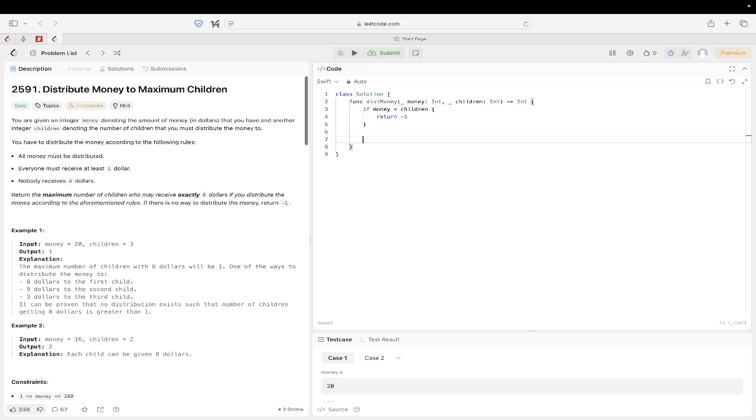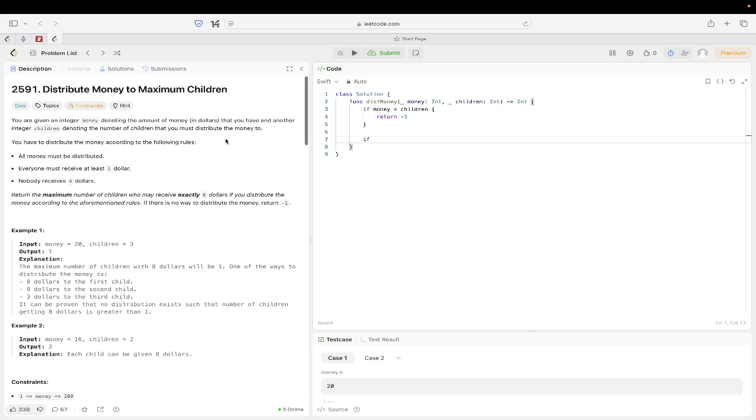So we need to check if we have one child. If we have one child, the money cannot equal 4. What am I thinking?